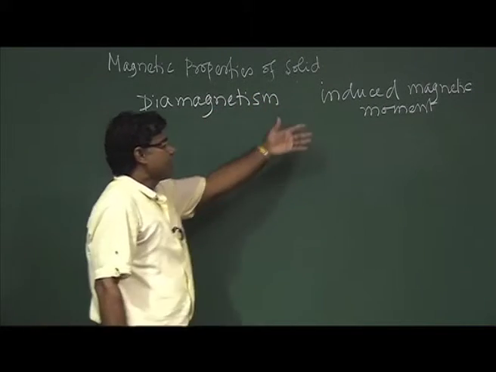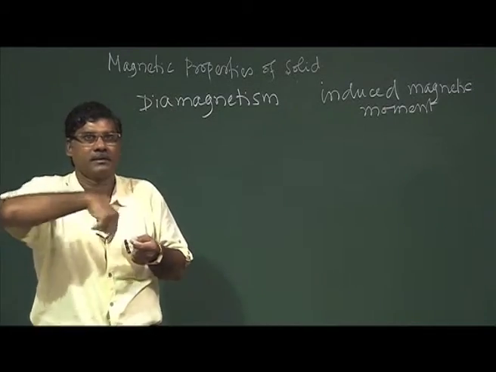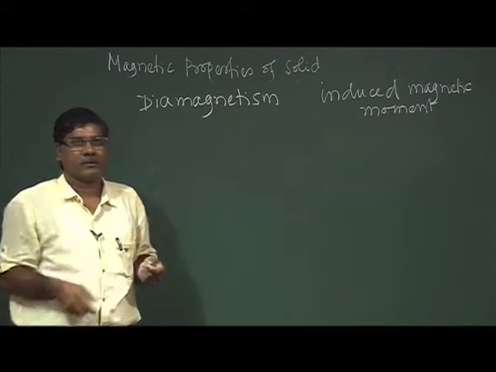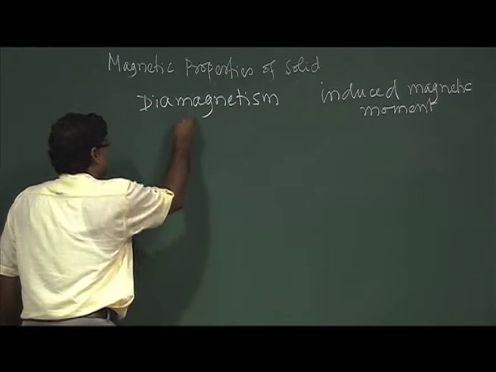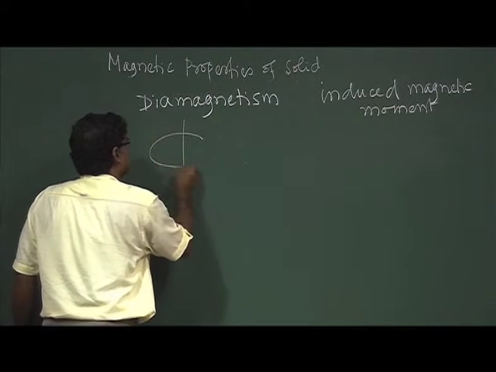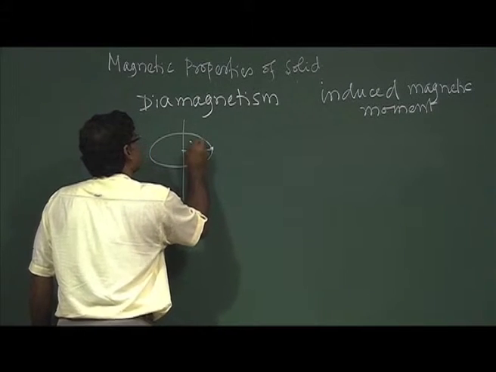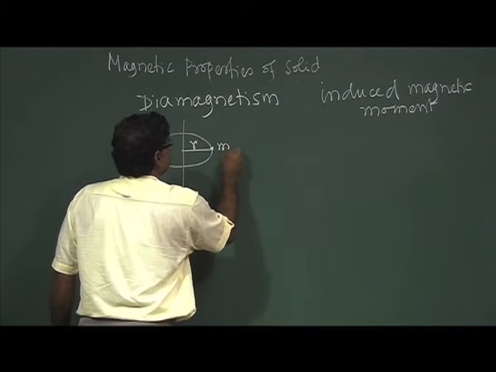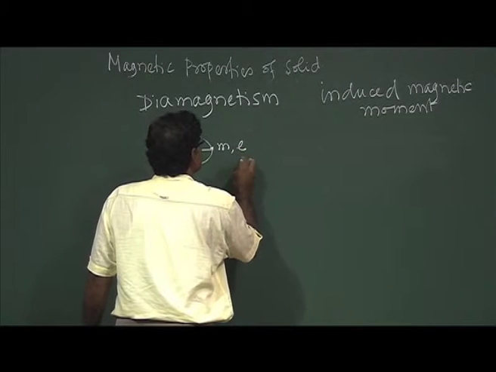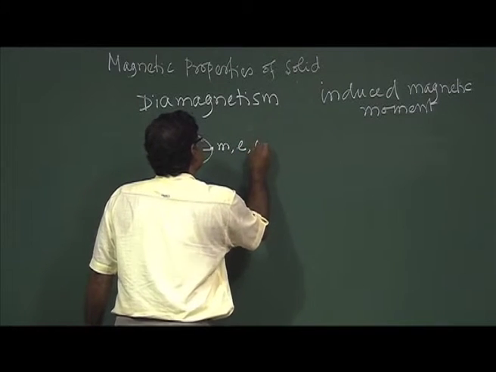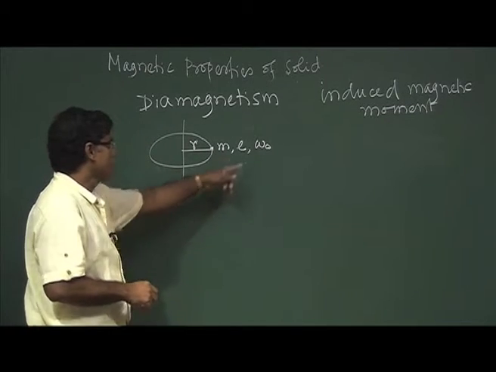This induced magnetic moment comes from the orbital motion of the electrons. An electron moving in an orbit has mass m, charge e, and angular frequency omega 0.